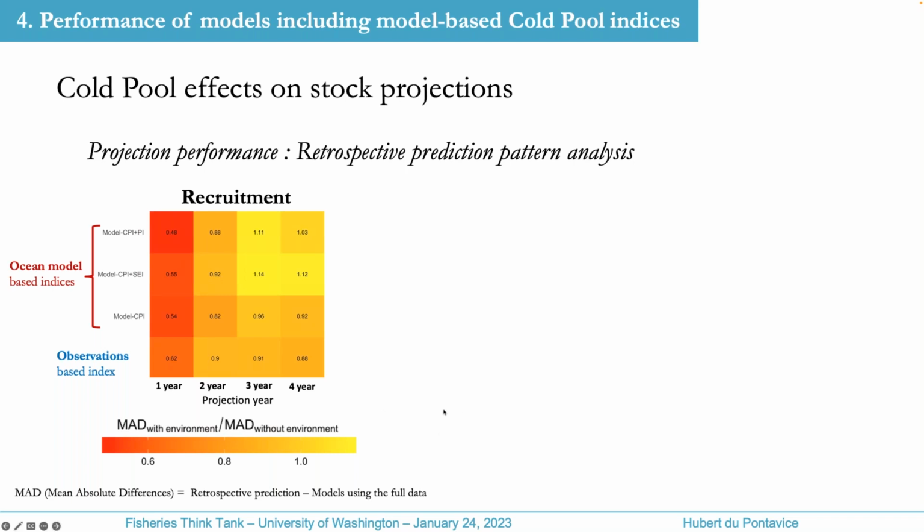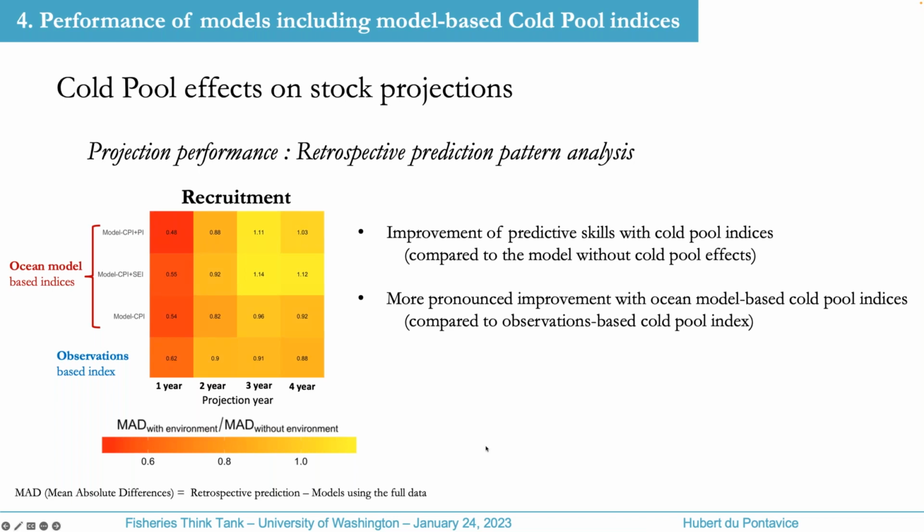So here on this figure, the first 3 rows are the ratios for the models with the ocean model-based indices, and the last row represents the model with the observation-based index. And the columns are the projection years. So the first column represents the projection after 1 year, the second column after 2 years, and then 3 and 4 years. So the more red it is, the more the projections are improved compared to the model without environmental effects.